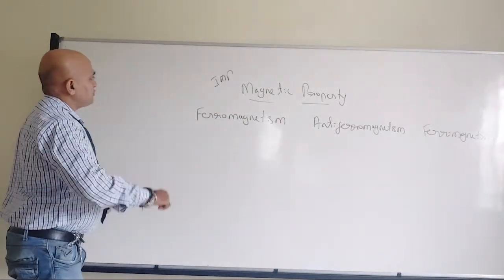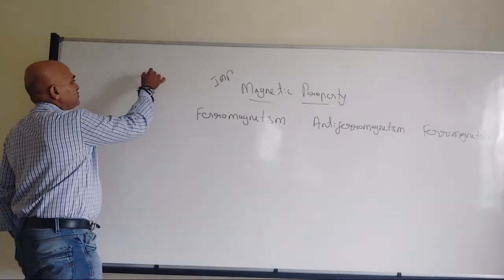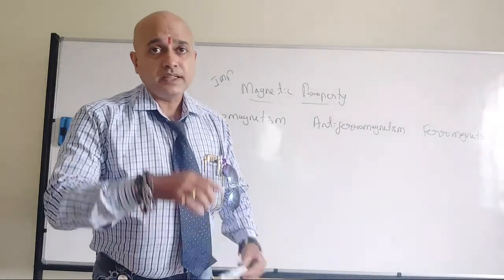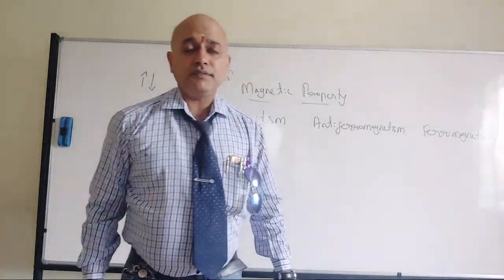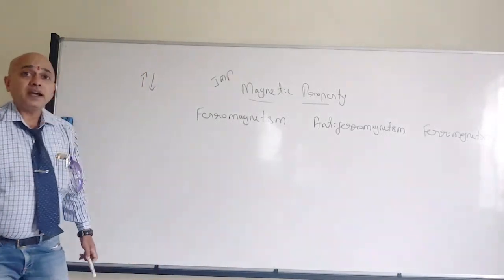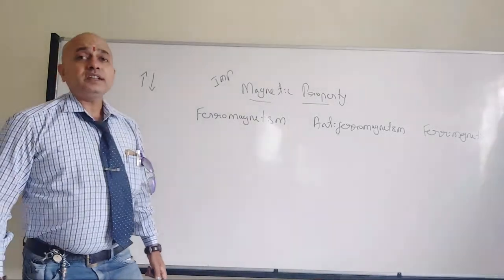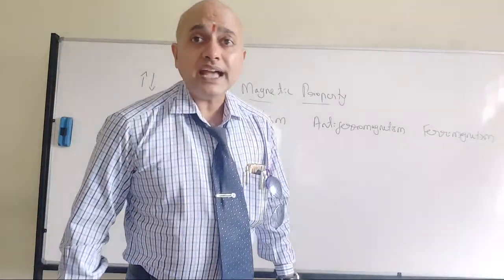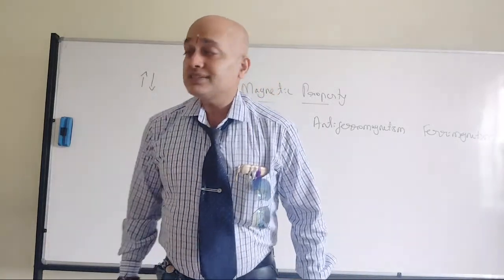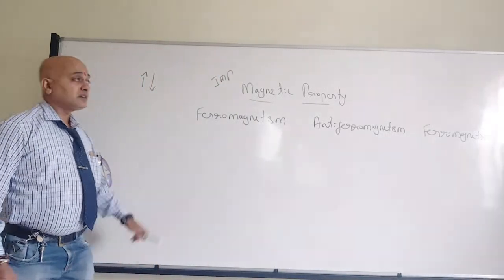One point you should understand here is why in the paired condition there is no magnetic property, especially when it comes to diamagnetism. They will be slightly repelled by the magnetic field. They will not be attracted. That is because of the opposite spin of the electrons, which cancel each other's property.